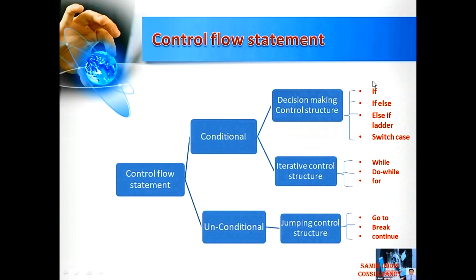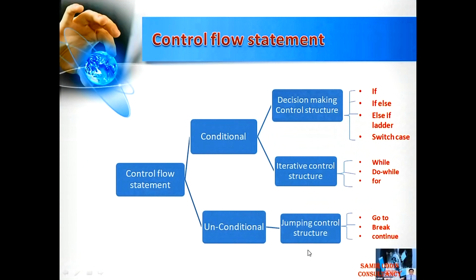It is categorized in two ways: some are conditional statements and others are unconditional statements. Conditional statements can be divided into decision making and control structure, and iterative control structure, while unconditional statements can be treated as jumping control structure.